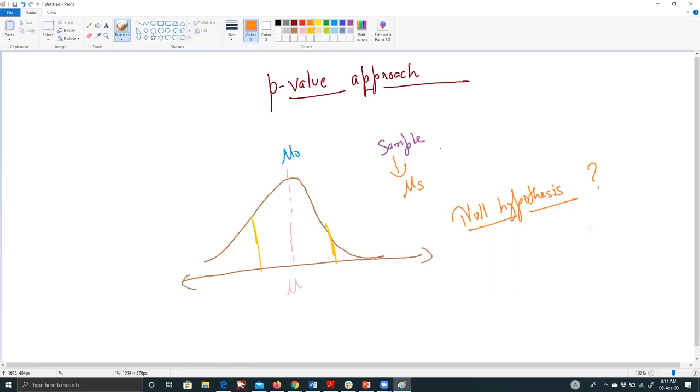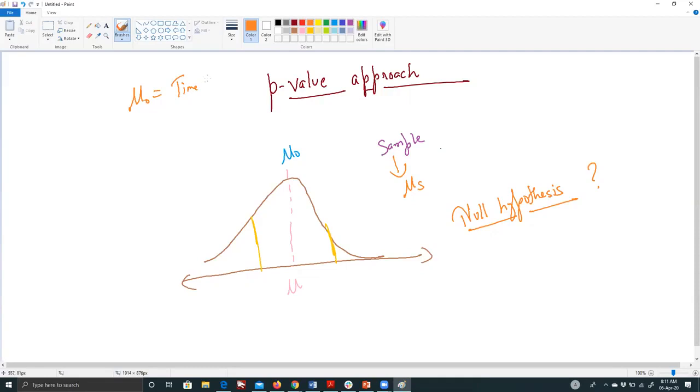Fundamentally, null hypothesis is kind of a default hypothesis or an assumption that you make about the system, some mathematical parameter of the system. So let's say mu naught is the time taken, the default mean.